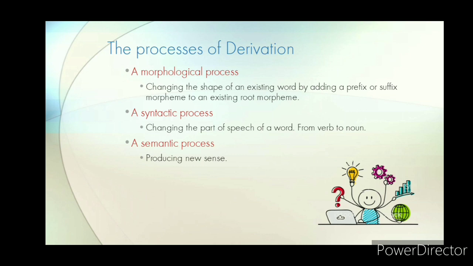The first is the morphological process, in which the shape of an existing word is changed by adding a prefix or suffix to an existing root morpheme. Then we have the syntactic process, which is changing the part of speech of a word, like from verb to noun. And the last one, the semantic process, in which it produces a new sense.